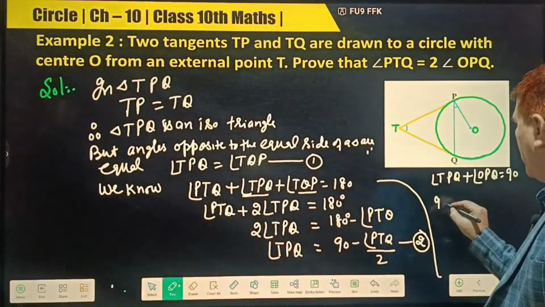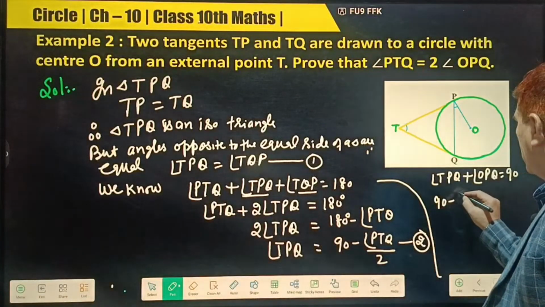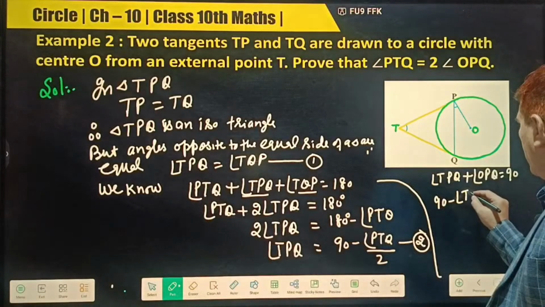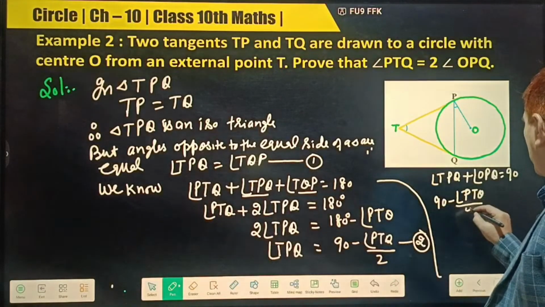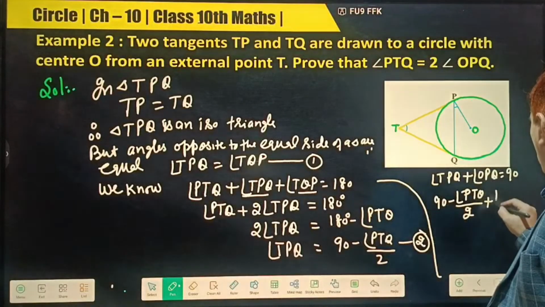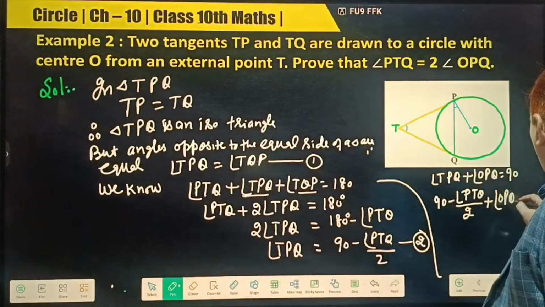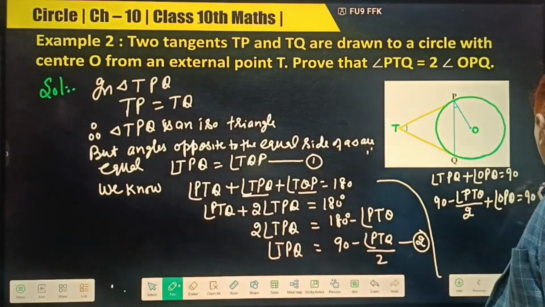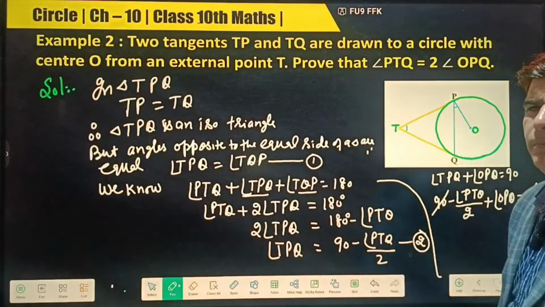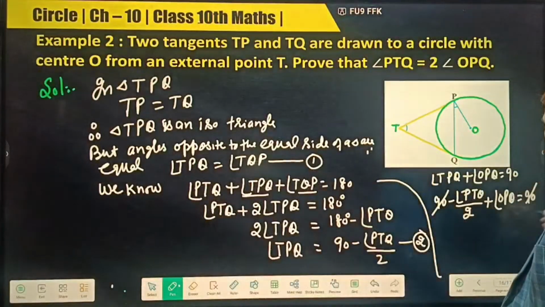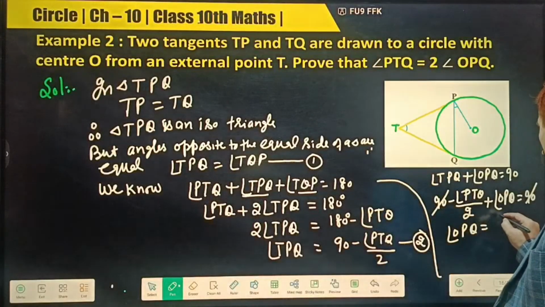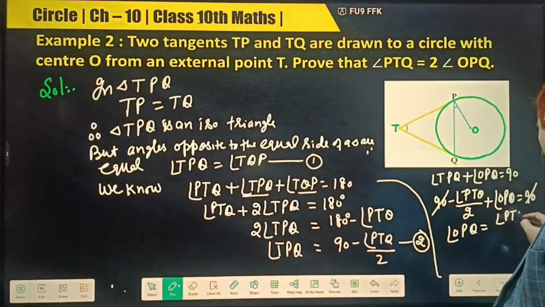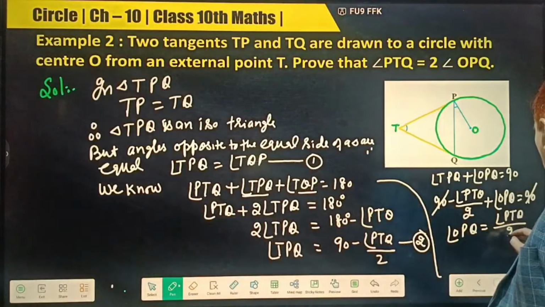So 90 minus angle PTQ by 2 plus angle OPQ is equal to 90 degrees. This 90 cancels this 90. Taking this to that side, angle OPQ is equal to angle PTQ by 2.